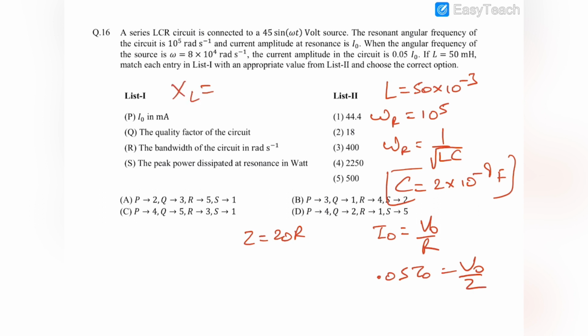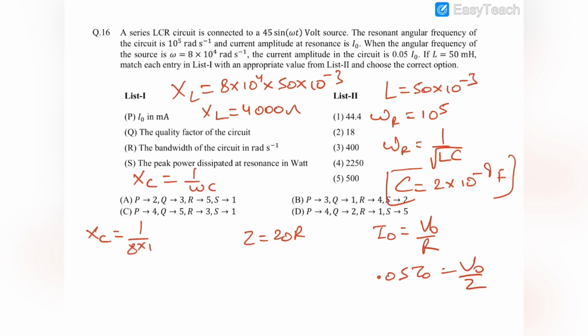Okay, now XL is omega L. Omega is 8 into 10 raised to power 4, and L is 50 into 10 raised to power minus 3. So XL is 4000 ohms, and XC is 1 upon omega C. So XC would be 1 upon 8 into 10 raised to power 4, and C is 2 into 10 raised to power minus 9.